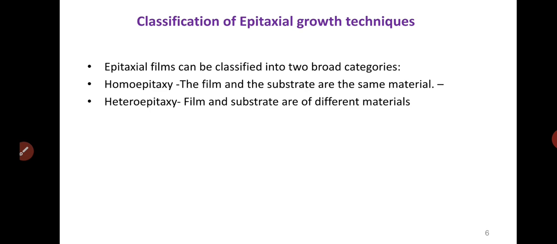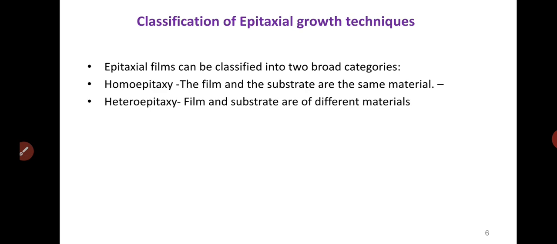If the epitaxial layer and substrate are of different materials, then it is known as heteroepitaxy. For example, silicon germanium layer on silicon substrate. So these are two different materials, so it is called as heteroepitaxy.